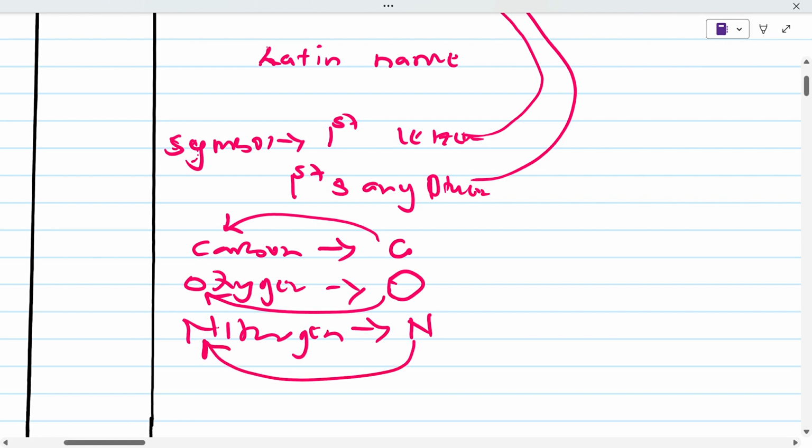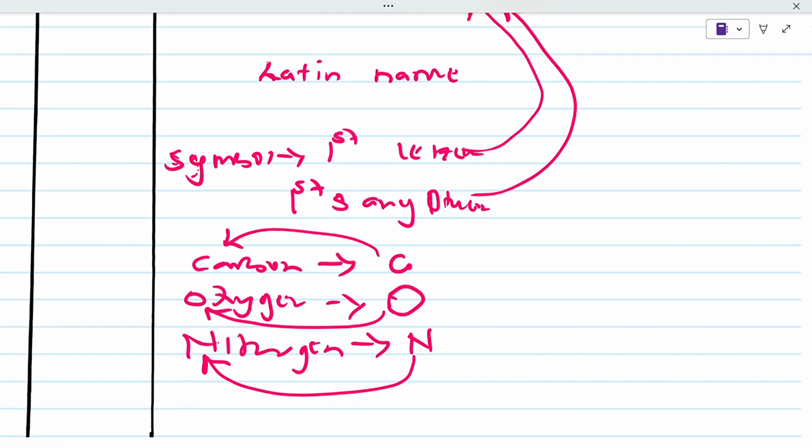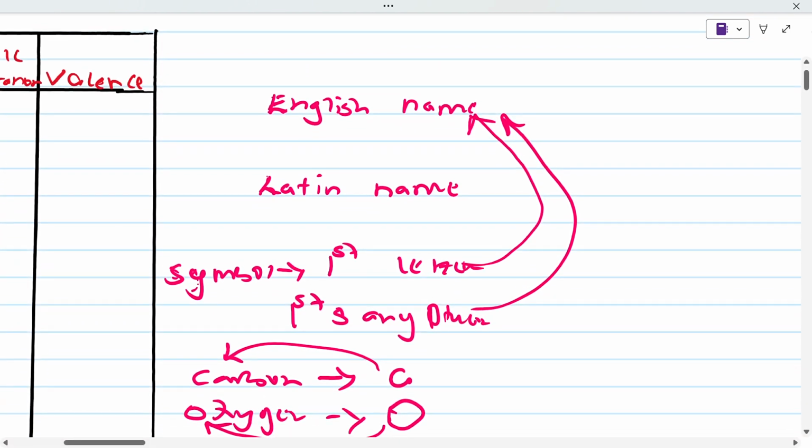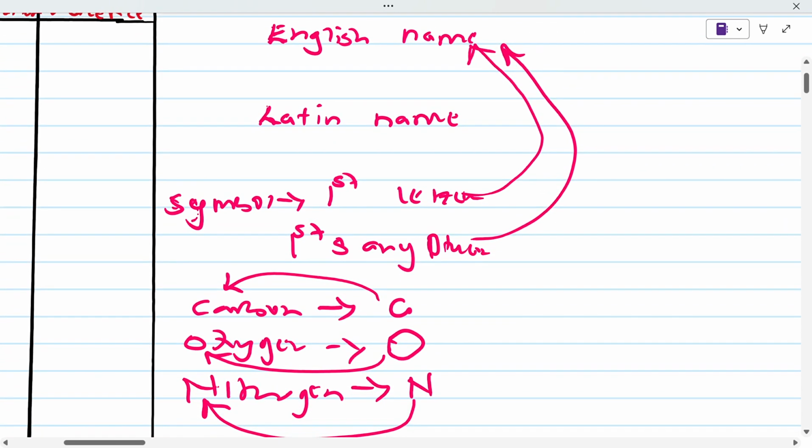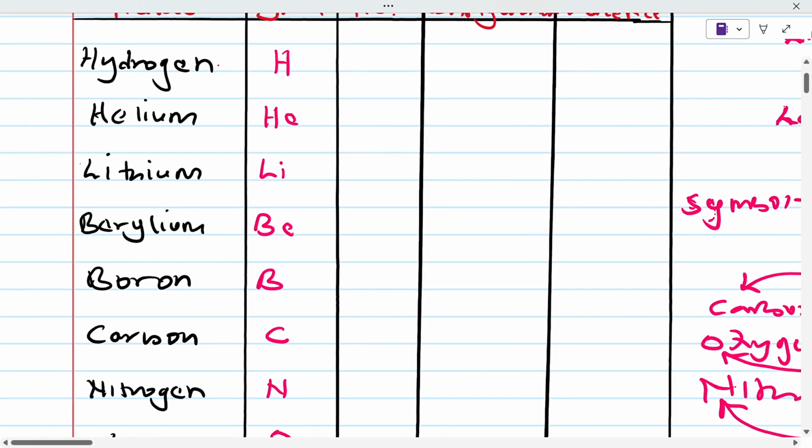But when I come back to the other elements, for example, beryllium is Be, as shown here, meaning Be was derived from the first two letters of its English name. That's beryllium.